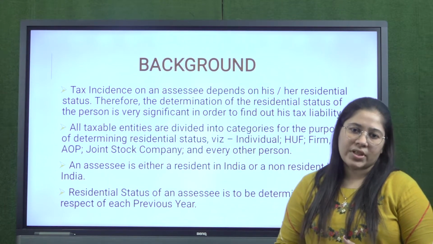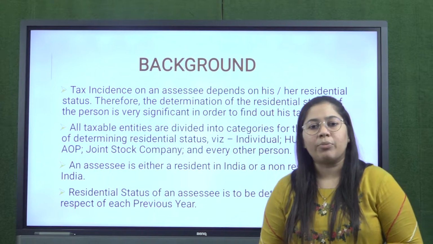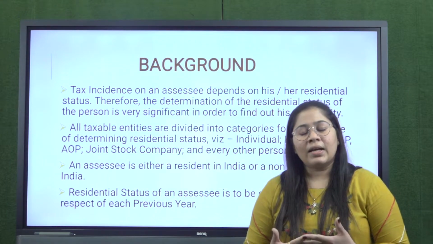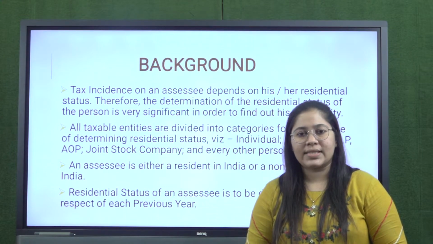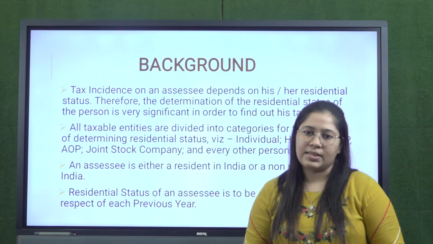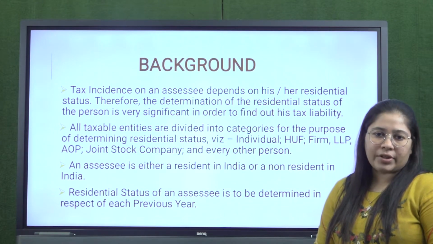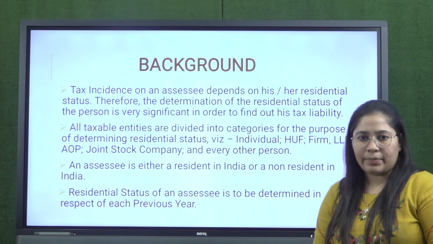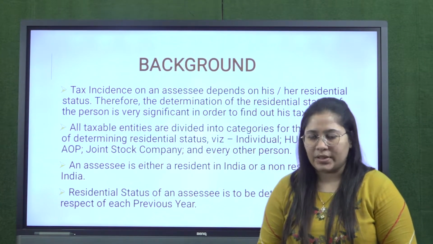So, incidence of taxation will depend upon the residential status and upon the type of income which is earned. Residential status is determined on the basis of the provisions of Section 6 of the Income Tax Act 1961. It is significant to determine the tax liability, and that's why residential status is calculated.